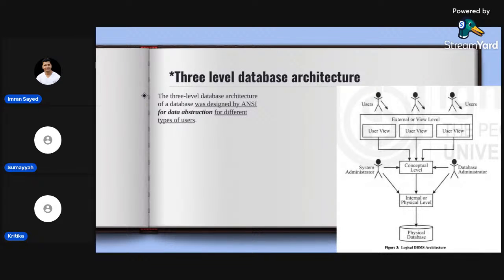The three-level database architecture of a database was designed by ANSI for data abstraction for different types of users. The three levels are physical or internal level, conceptual level, and user or view level, external level. Okay.